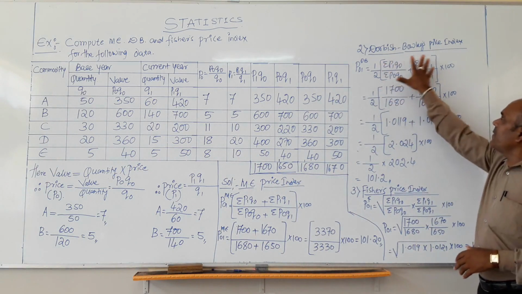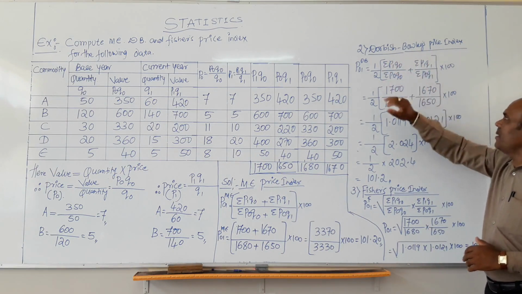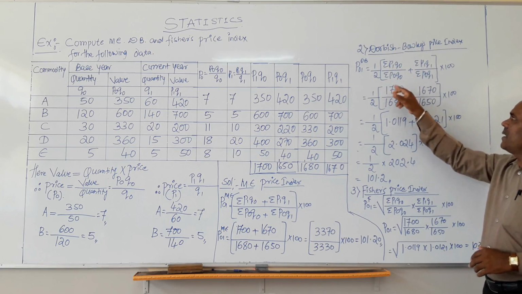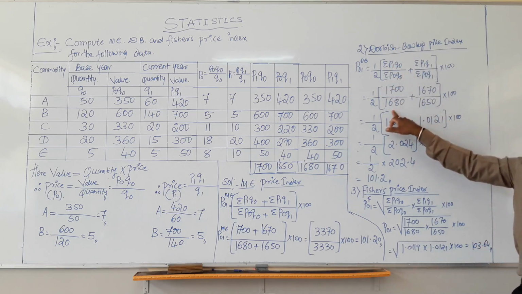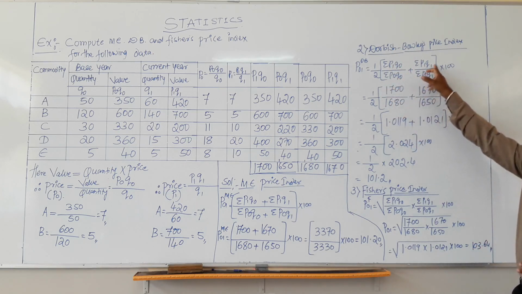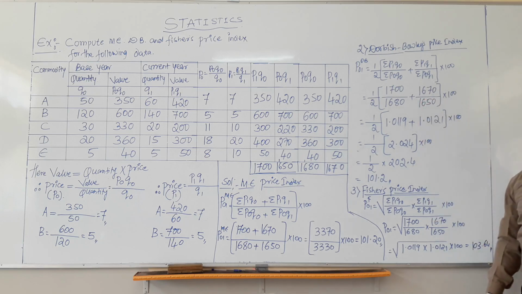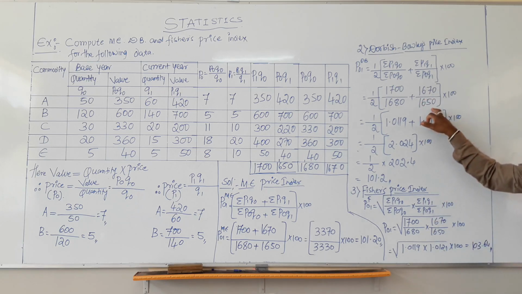Then put the values as per the formula they gave. P1 Q0 1700, P0 Q0 1680, then plus P1 Q1 1670 divided by P0 Q1, which is nothing but 1650.